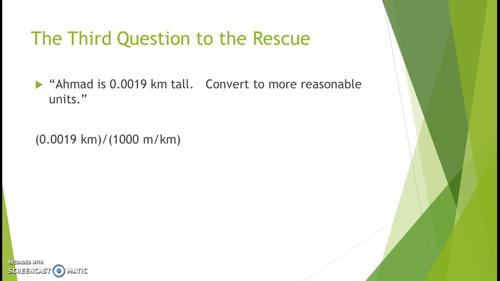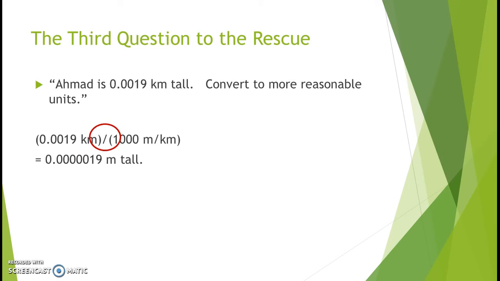And this time we're not secure in our unit analysis, so we're not going to try that. And we divide instead of multiplying again. But this time we're not examining the units, because we have a pretty good idea of what kind of answer we should get. We know Ahmad is going to be roughly 2 meters tall.